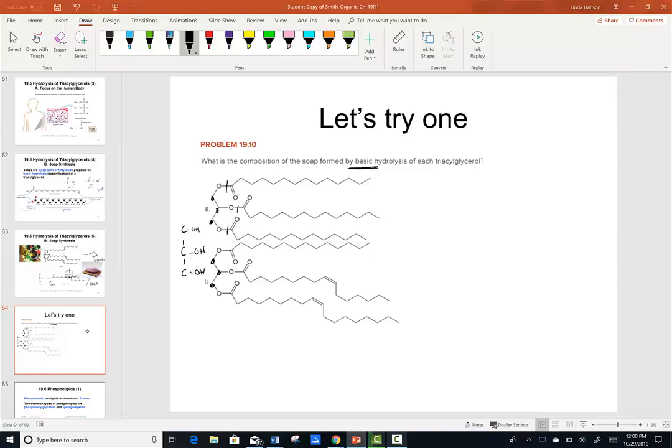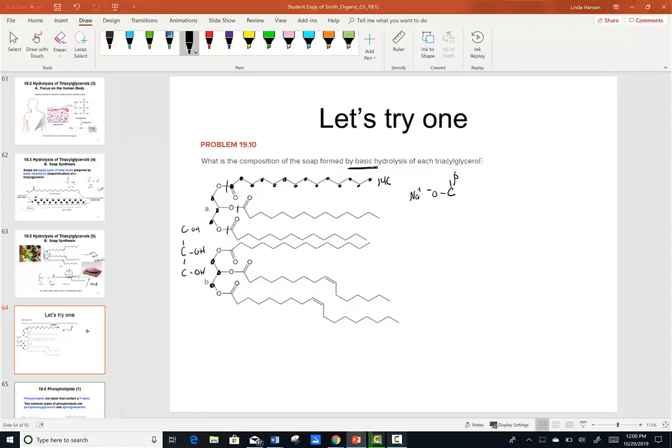And all that we're saying now is if this is carbon 1, 2, 3, 4, 5, 6, 7, 8, 9, 10, 11, 12, 13, 14, that original carbonyl, instead of being protonated, is now a negatively charged ion. It has to have a first name to balance electrically.